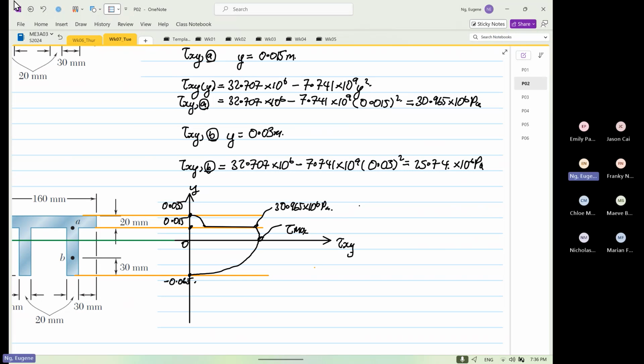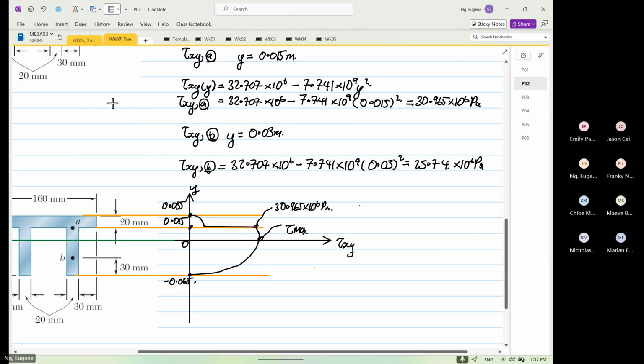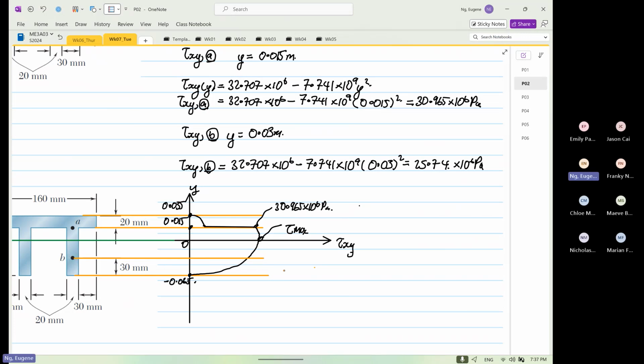And there's another value that we know also, this value over here, and at this point it is equal to 25.74 times 10 to the power 6 Pascal. So in the term test, if I ask you to sketch, you have to sketch this.